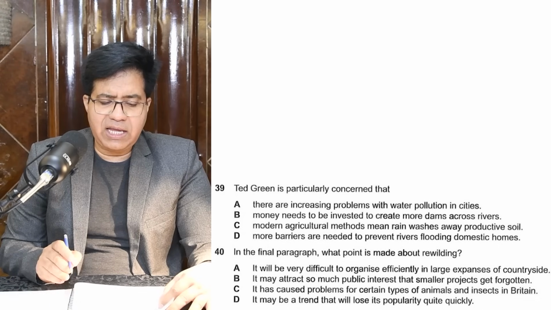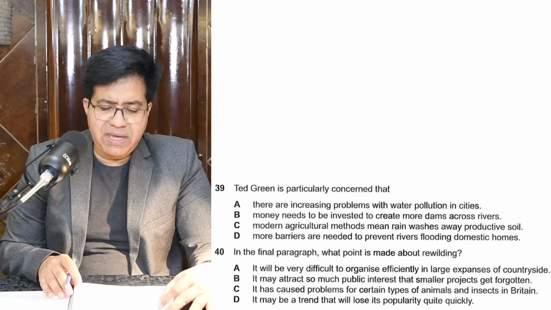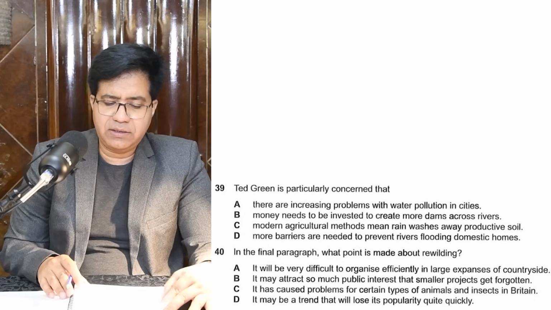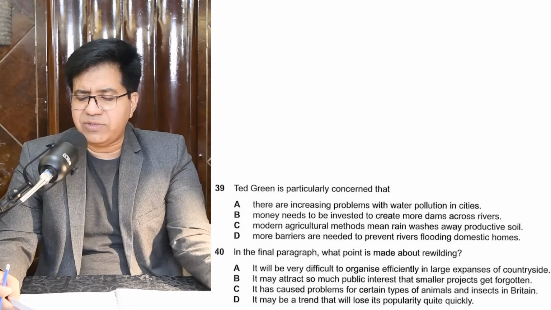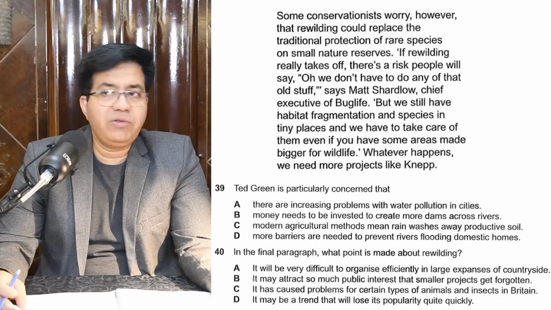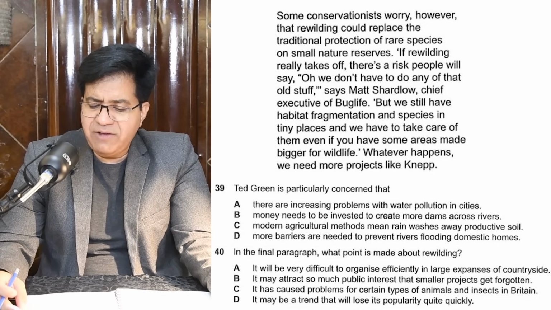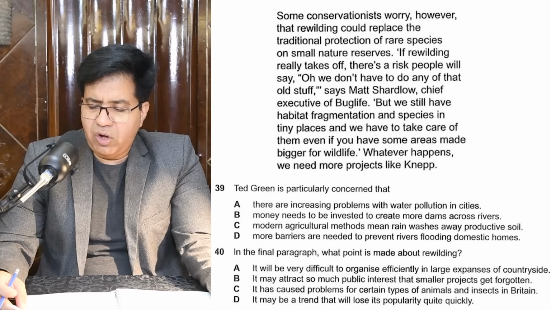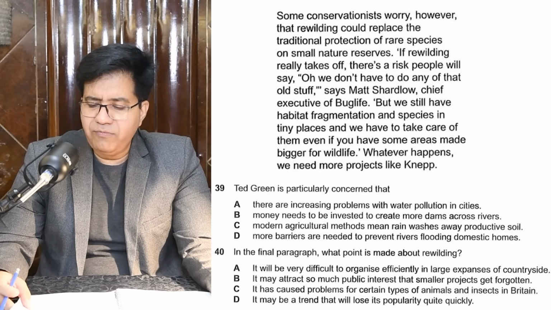Question number 40, in the final paragraph, what point is made about rewilding? So last paragraph and rewilding. Can you see the fourth line, inverted commas? If rewilding. Now this is the point he's making. Let's read it carefully. If rewilding really takes off, there is a risk people will say, oh, we don't have to do any of that old stuff.